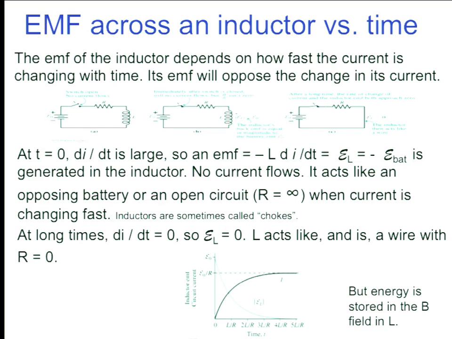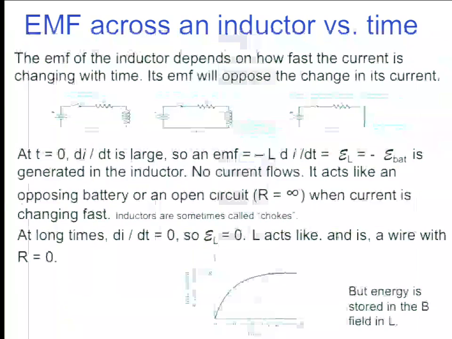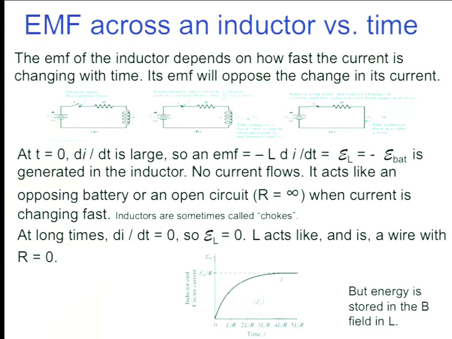I could maybe make a little table here if you're willing to wait a second more. At t equals 0, the capacitor is a short. This is when it's turning on, or fast changes.